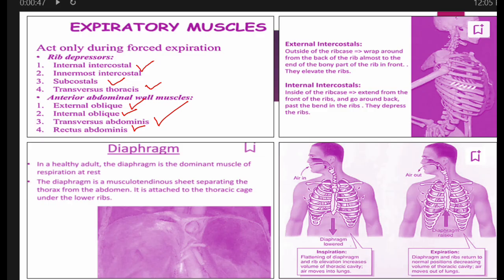So if you look at this diagram, which one is external and which one is internal? You have the one colored in white and the one colored in purple. External is which one?